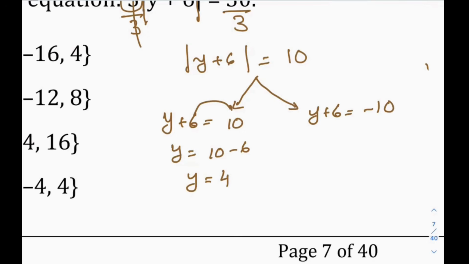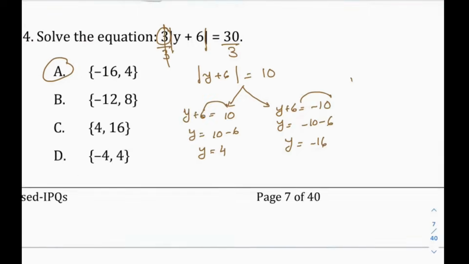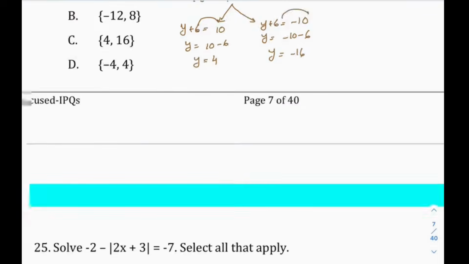This is the first solution and this will be the second solution. So the solution is 4 and minus 16, no matter the order. If you put it in a set, it's not an ordered pair. In the set, we are just listing the solutions.